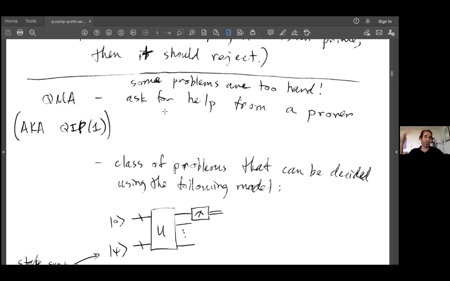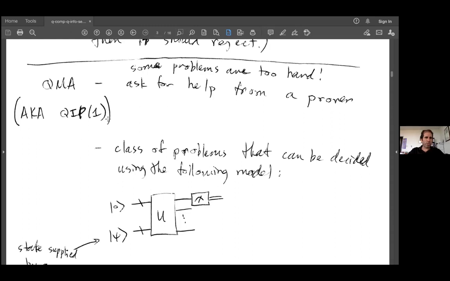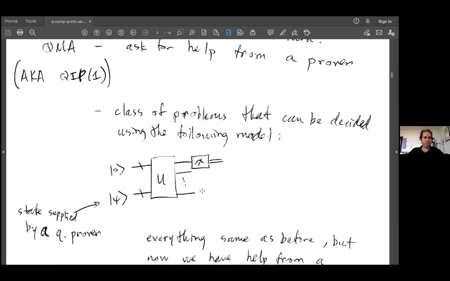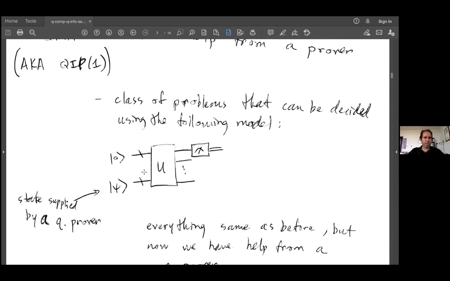But that ground state might be hard to prepare on a quantum computer. So that's where this conceptual notion of asking for help from a prover is useful in understanding the complexity of the task. QMA is the class of problems that can be decided by this computational model.